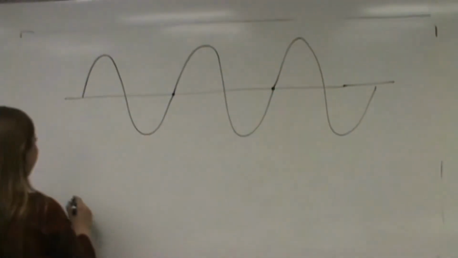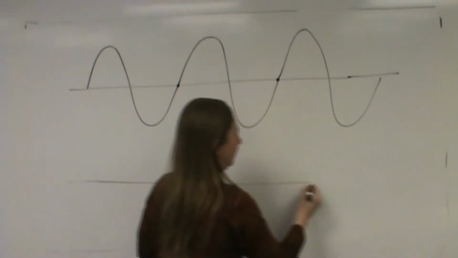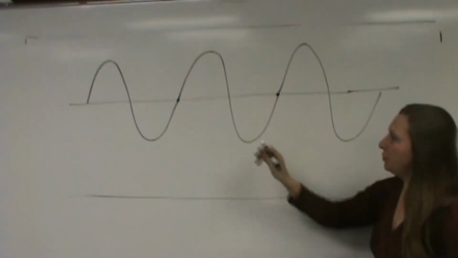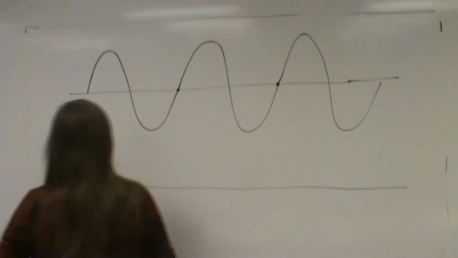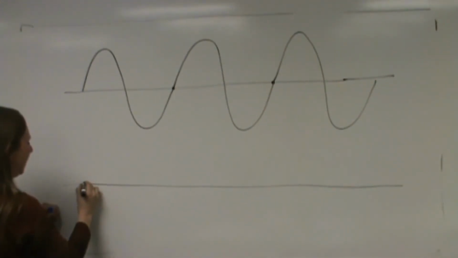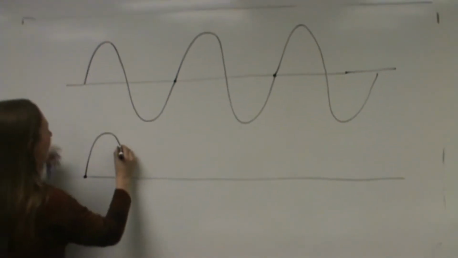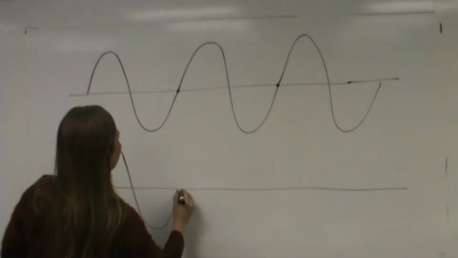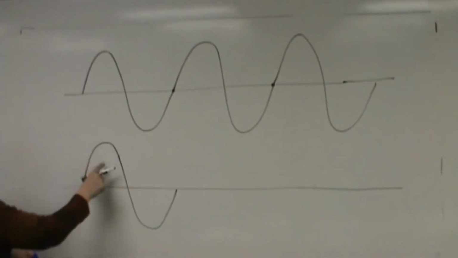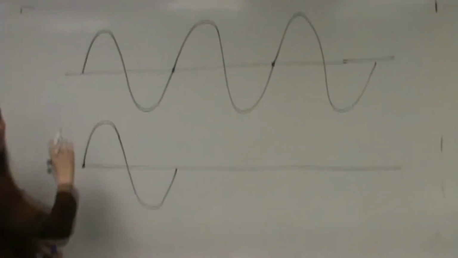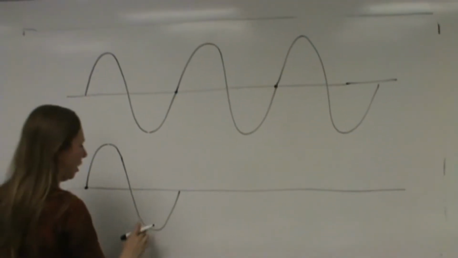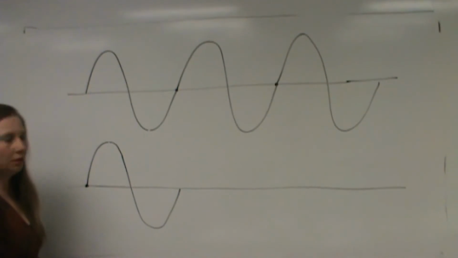Now, I'm going to draw another wave that is in phase with this wave. Obviously, if I started in exactly the same spot and went up when he went up and down when he went down, this wave would be in phase. Crest, crest, in phase. Trough, trough, in phase.